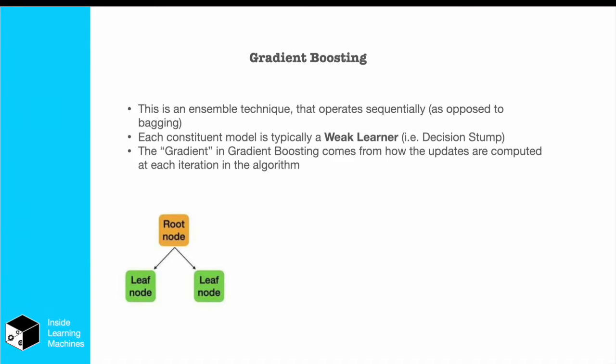But what is going to happen here is that we're going to record where this model got things right and where the model got things wrong. And we're going to use that information to weight more heavily the samples where the model got things wrong. Then we're going to pass that information along to a second model. So now we're going from the first model to the second model.